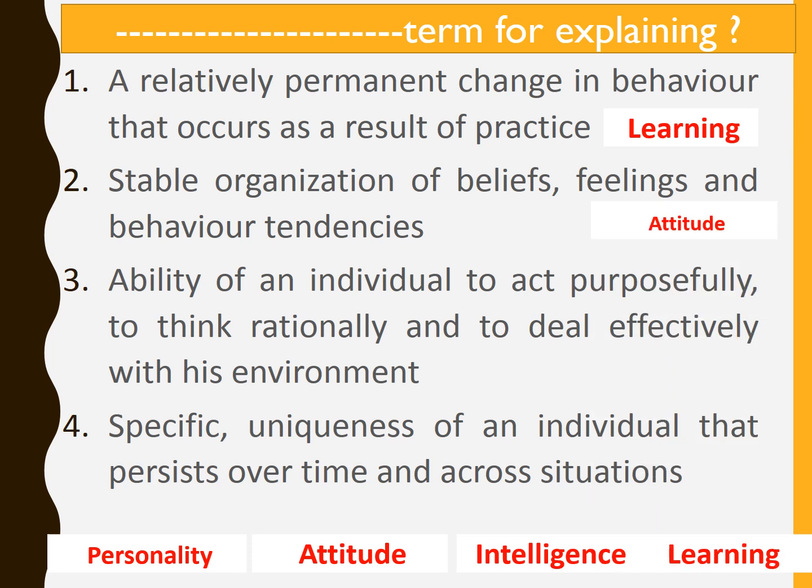Answer is attitude. Ability of an individual to act purposefully, to think rationally, and deal effectively with the changing surroundings. Answer is intelligence. Specific uniqueness of an individual that persists over time and across situations. And the answer is personality.